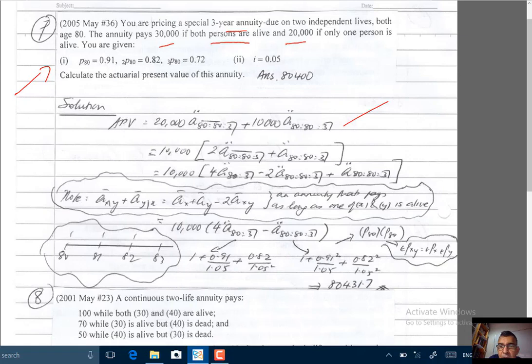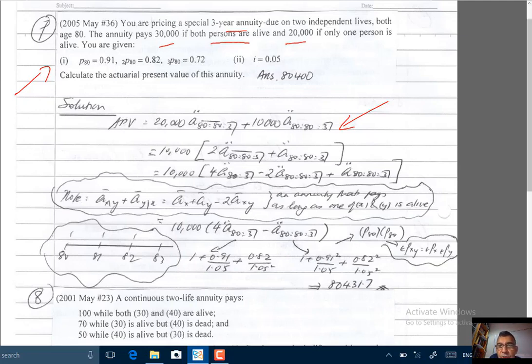Now, I've written the APV in this form. APV is 20,000 ä_{80:80 bar, angle 3} plus 10,000 ä_{80:80, angle 3}. Now, why is that so? That's because of this.